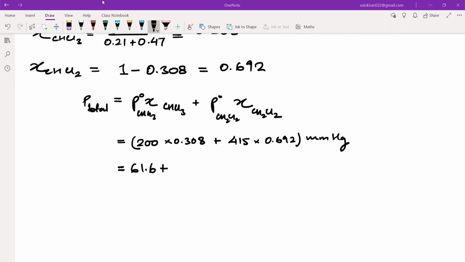Let me calculate again. Just 348, 348.78 mm of Hg.